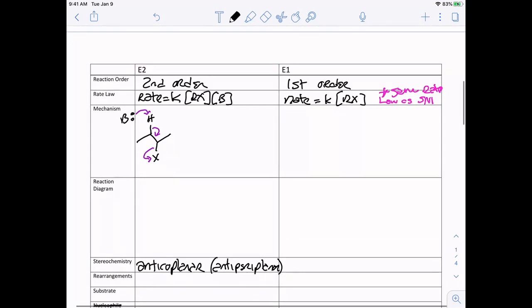Because it's concerted, I do want to see the transition state. I always want to see the mechanism. So I am going to focus. That's drawn kind of ugly. Let's try to redo that there. Maybe I'll draw out those two carbons.